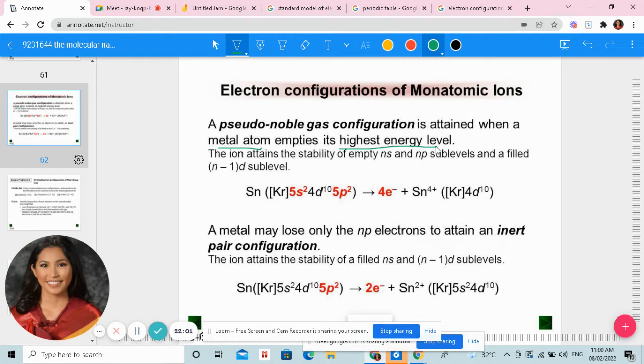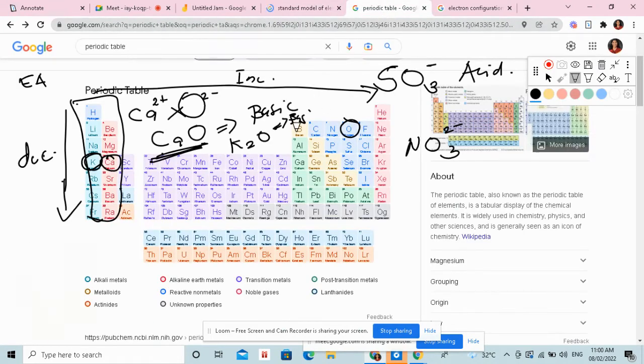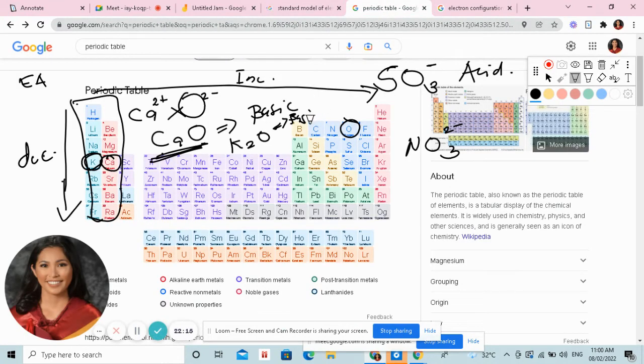If we have a metal, Sn, let's locate Sn in the periodic table. Sn is a metal.